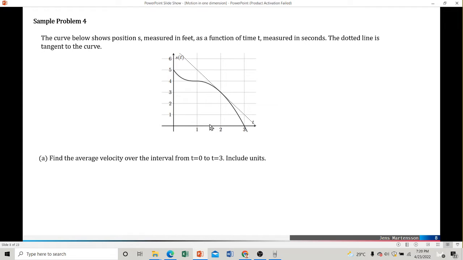A, find the average velocity over the time interval from t equals 0 to t equals 3, include units. B, find the instantaneous velocity at t equals 2, include units. C, find the equation of the tangent line.